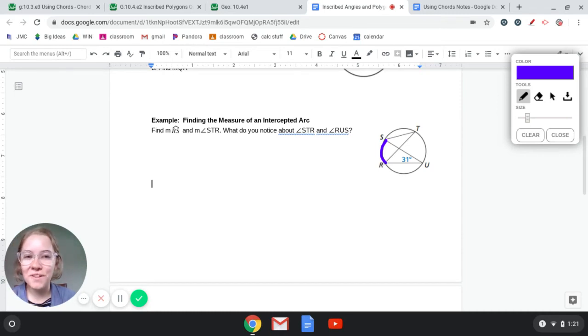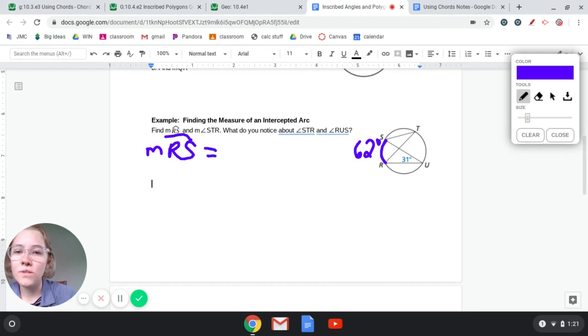By our Star Trek theorem, this arc SR is twice 31, which is 62 degrees. So the measure of arc RS equals 62 degrees.